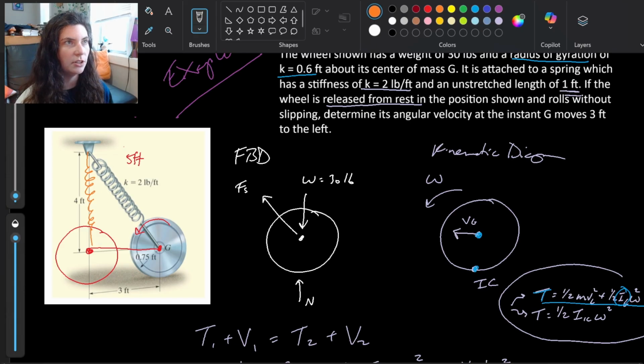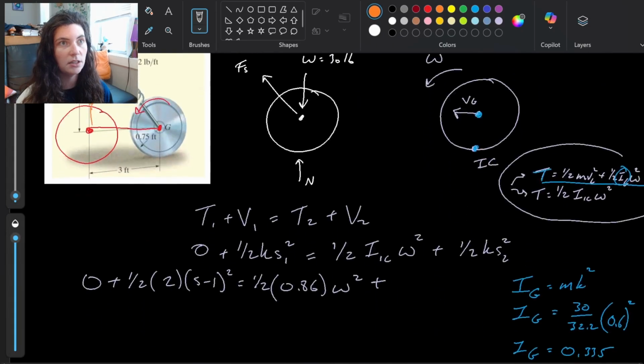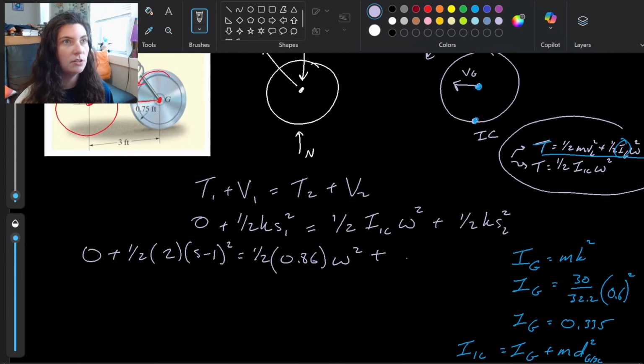Our spring is vertical, so the spring is now only stretched out by 4 feet instead of 5 feet. So that means we're going to have 1/2 times the k value of 2 times 4 minus 1 squared. Remember to subtract out that unstretched length.